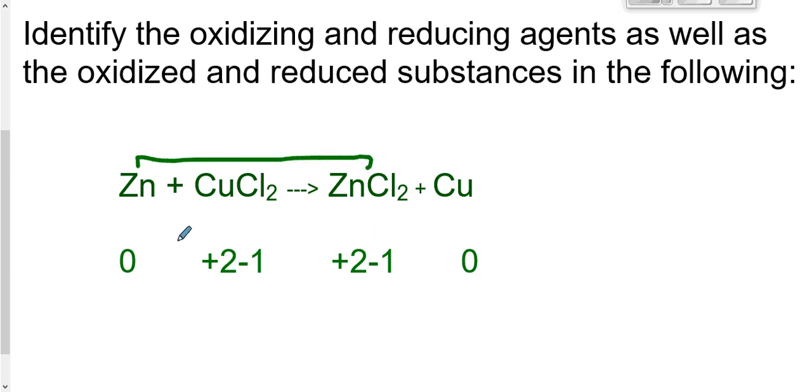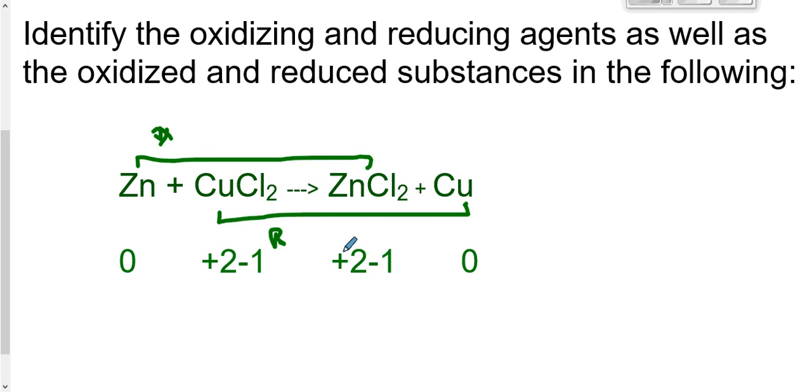Because its oxidation number went up, it was oxidized. So we're just going to put OX for oxidized. Copper went from +2 before the reaction down to a charge of 0 after. Copper was reduced, so I'm just going to put R for reduced.